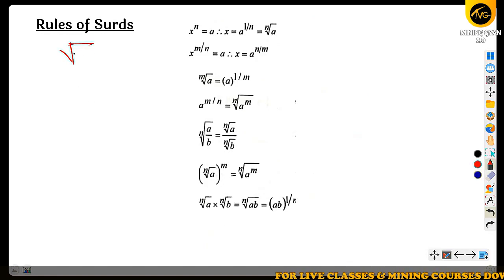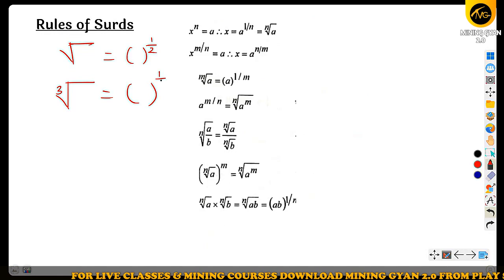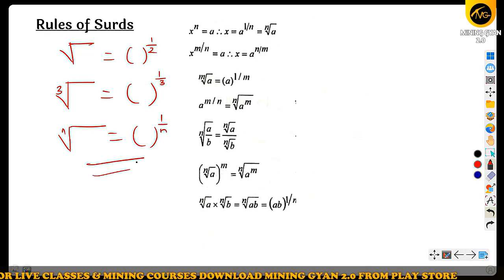If there is the sign of root, that means in bracket power 1 divided by 2. If the cube root, that means in bracket power 1 divided by 3. Similarly, n numbers of root means 1 divided by n. This is the basic rule of surds.